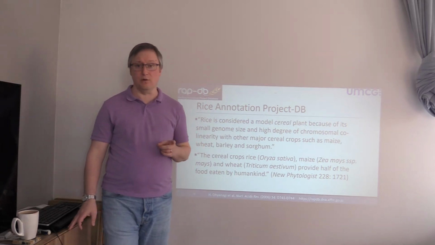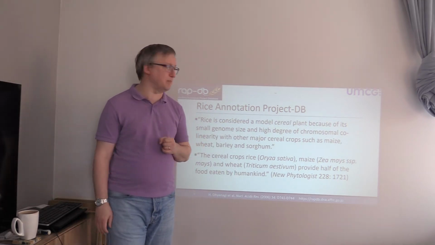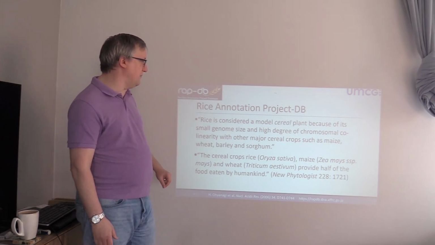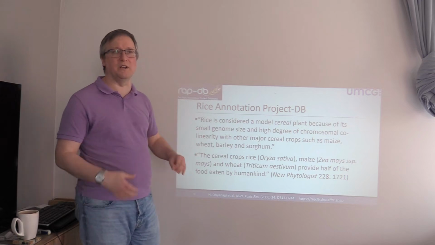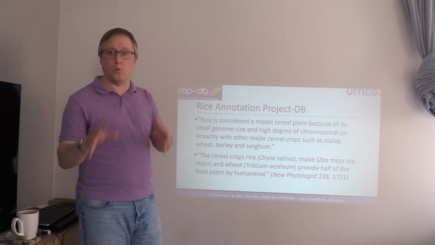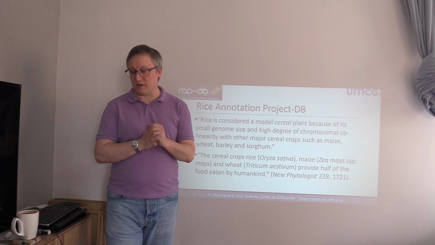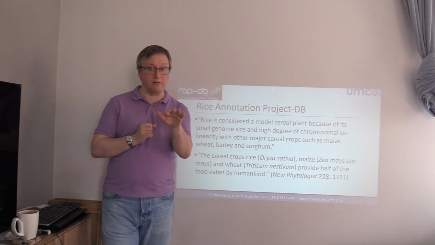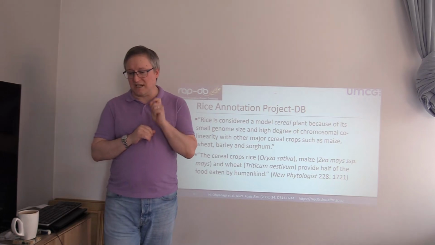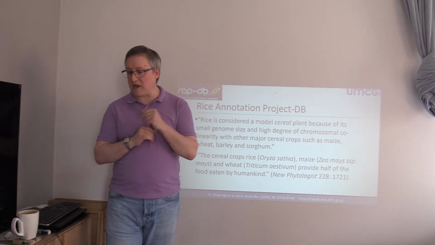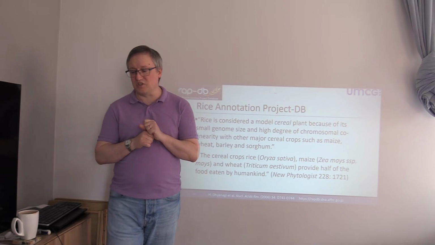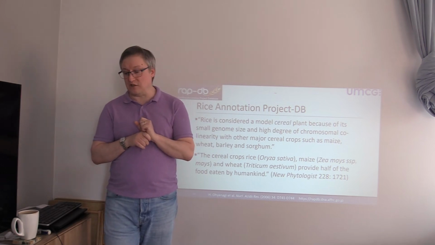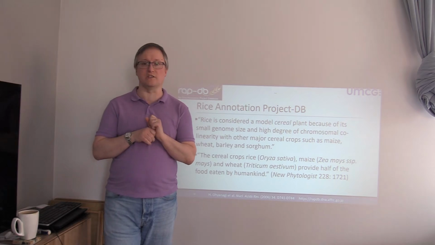We should also, though, think about the Rice Annotation Project. I think these two quotes really drive home why rice needs to be prioritized. Rice is considered a model cereal plant, that's something Arabidopsis cannot claim, because of its small genome size, also compact, and a high degree of chromosomal collinearity with other major cereal crops, such as maize, wheat, barley, and sorghum.